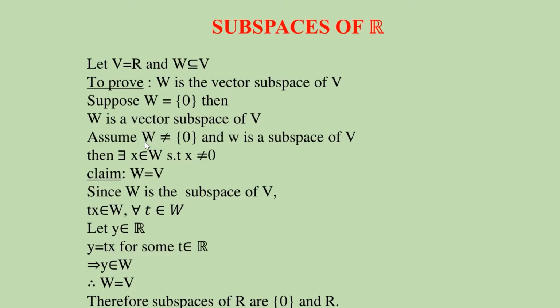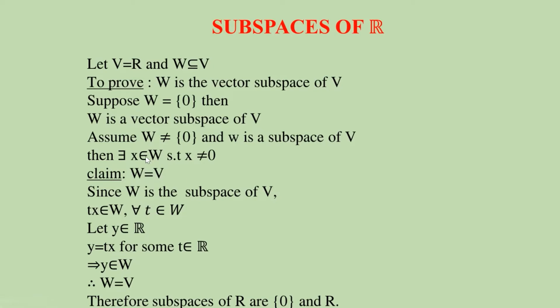Suppose we assume V is not equal to the singleton 0, and let W be a subspace of V. Then there exists an x in W such that x is not equal to 0. Now we claim that W must be equal to V. Since W is a subspace of V, scalar multiplication is satisfied.